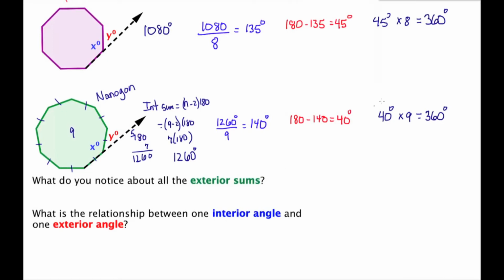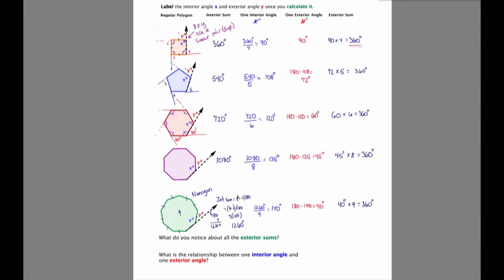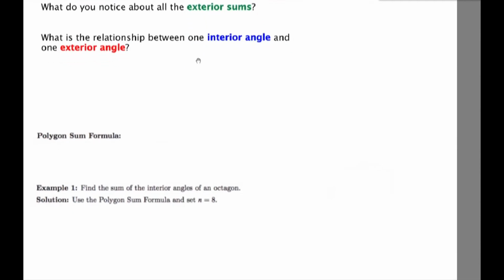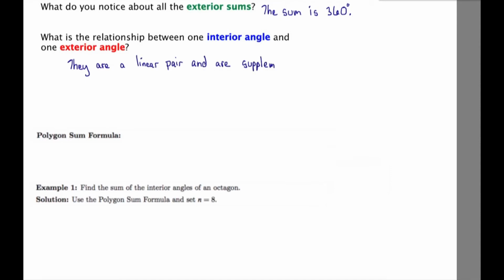But when you've finished the sheet, you should notice that all the exterior sums are 360, and that the interior angles and exterior angles are a linear pair and are supplementary. And the polygon sum formula we've already looked at before is n minus 2 times 180, where n is the number of sides.